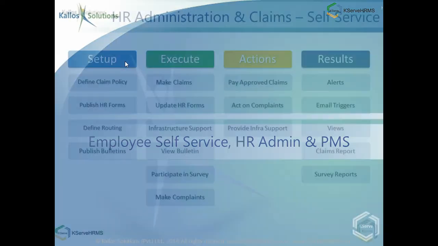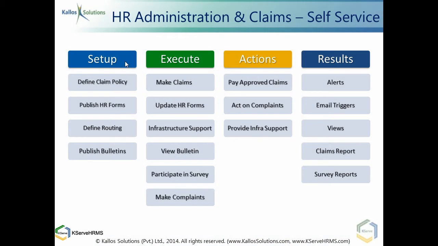Employee self-service features are provided especially in the administration module to make sure that the employees don't have to go and visit the supervisor or the HR head or administration head to get approvals. They can just raise the request and make the claim, for example, or ask for support in infrastructure or participate in a survey.